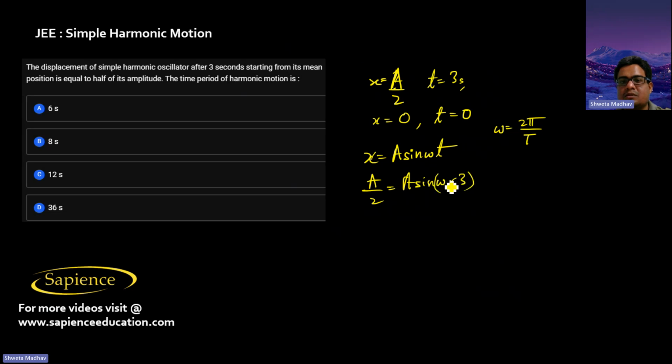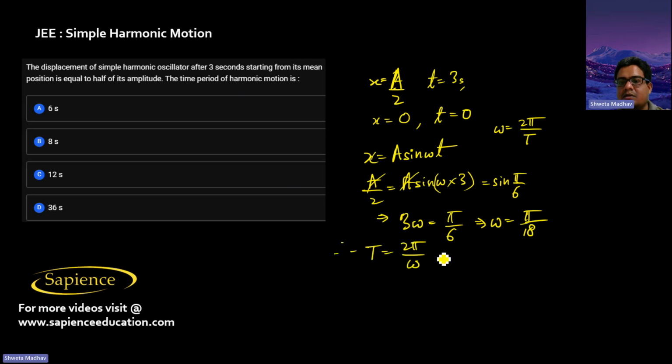The a cancels, so sine(3 omega) is equal to one half, and sine pi by 6 is half. So 3 omega is pi by 6, so omega equals pi by 18. Therefore T is equal to 2 pi by omega, that is 2 pi by (pi by 18). So it is 36 seconds.